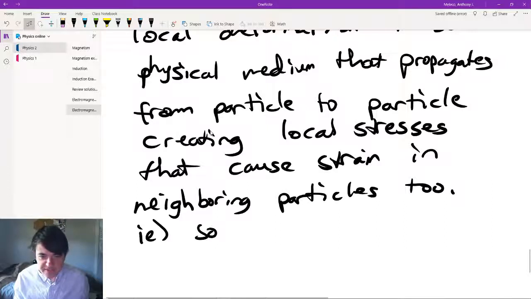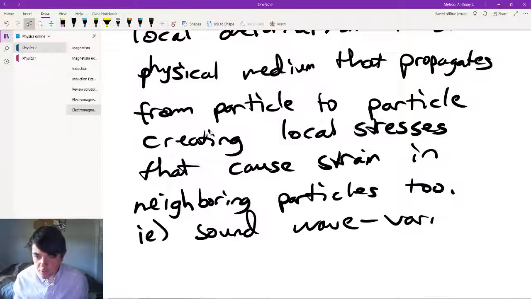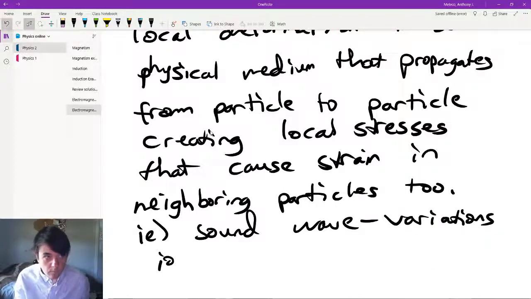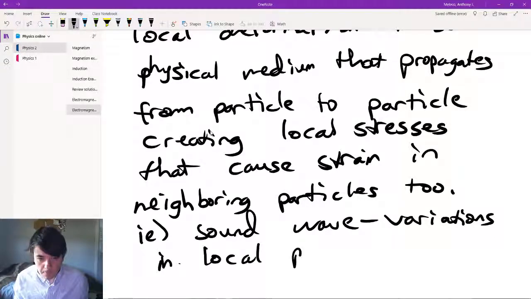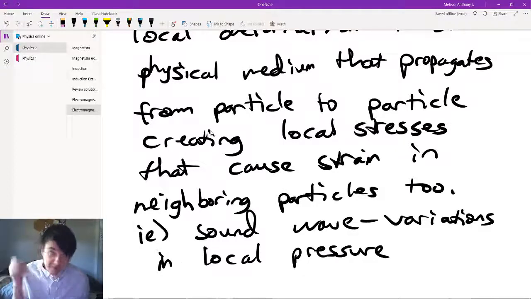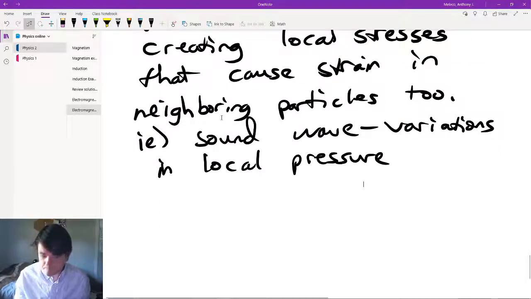And the best example of this maybe is a sound wave. Okay, and these are variations in local pressure that your ears pick up on, and then they vibrate due to the variations in local pressure.